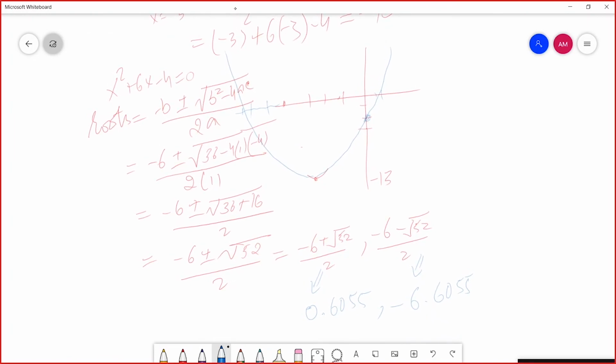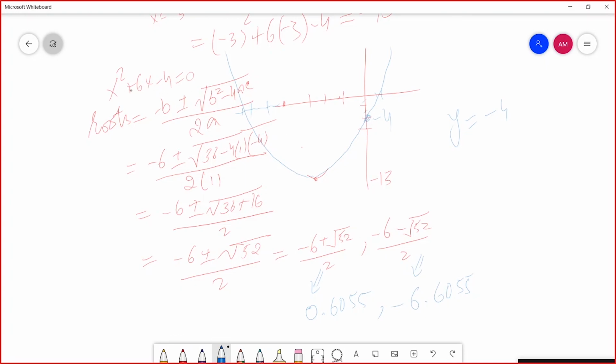This point is where x is equal to 0, so y is equal to -4. So this is not 2, it is -4 here. Do you understand why y is -4? This was our original equation, x squared plus 6x minus 4.